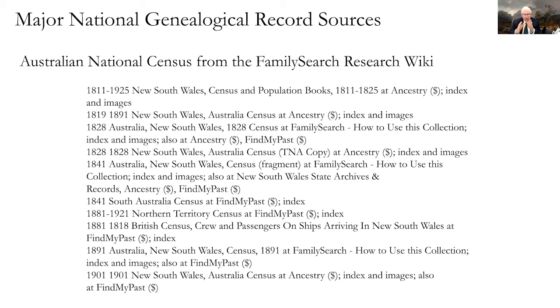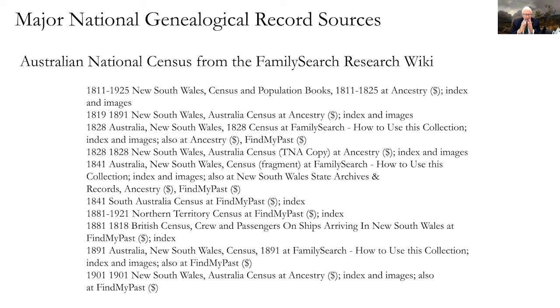So you can look on this sheet and see, starting about 1811 to 1925, there's books, and then there's census and ancestry, 1819, 1891, and then 1828, and so forth. So these are all the different fragments and censuses that exist for different years for each of the different provinces.